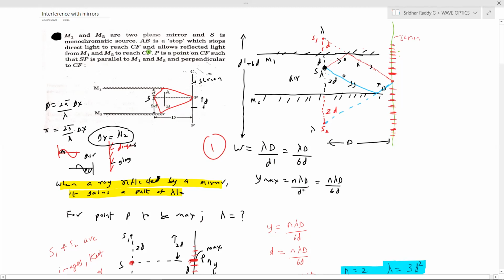So here what is asked: AB is a stop, which stops the direct light from reaching CF and allows the reflected light from M to reach CF. P is a point on CF such that SP is parallel to M1, M2 and perpendicular to CF. So he's asking to calculate the position. What happens to point P? Will it be maxima or minima?